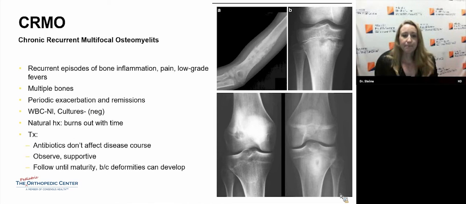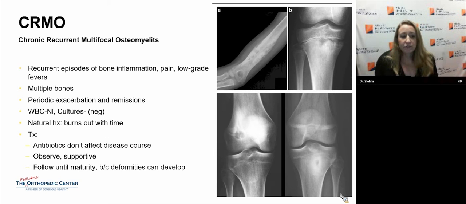Getting into more not quite so simple things, chronic recurrent multifocal osteomyelitis is actually not the same thing as acute osteomyelitis. It's recurrent episodes of bone inflammation, pain, low-grade fevers. There can be multiple bones affected, and it can be periodic with exacerbations and remissions.